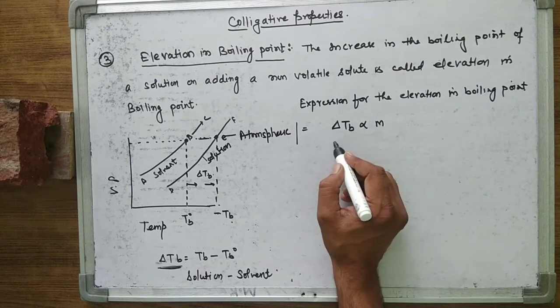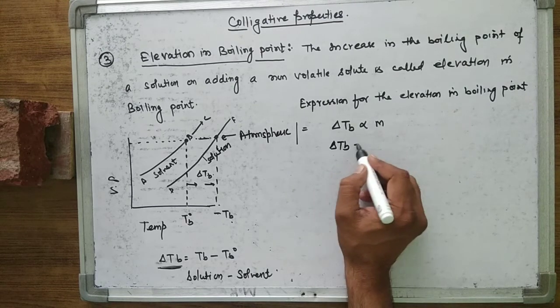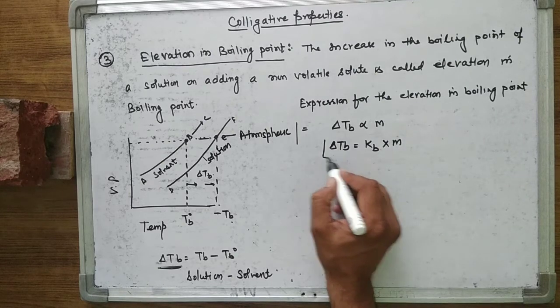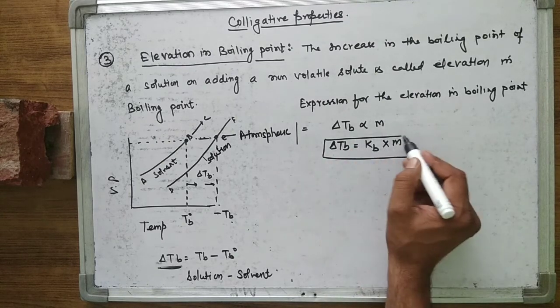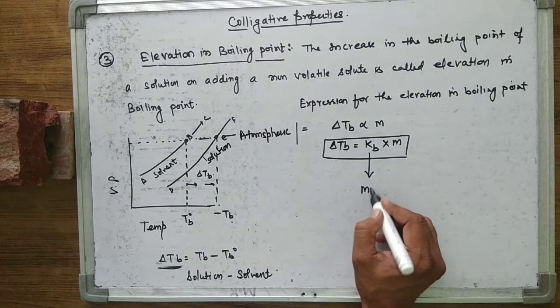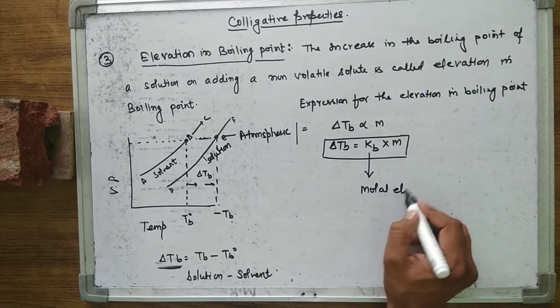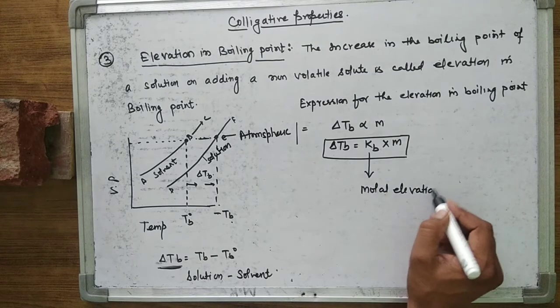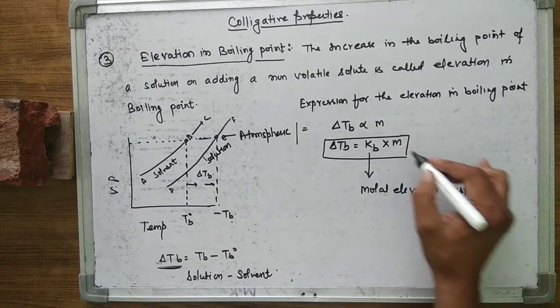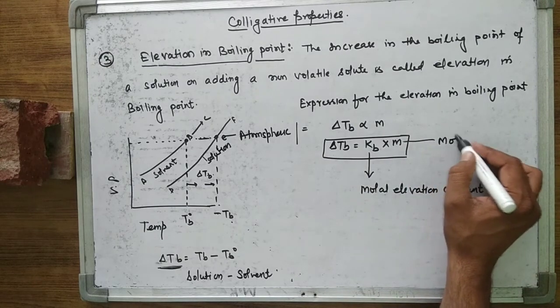Now we change this proportionality constant: delta Tb is equal to Kb into m. This is a useful mathematical expression for elevation in boiling point, and Kb is known as the molal elevation constant, and m is the molality.